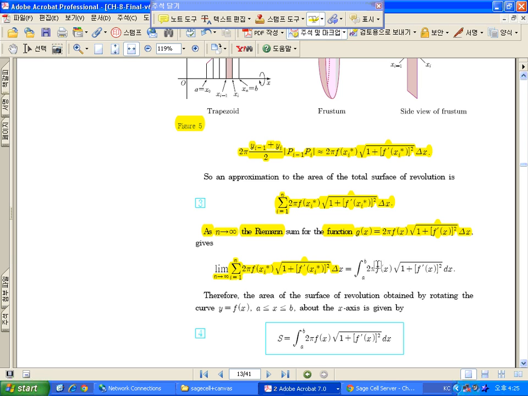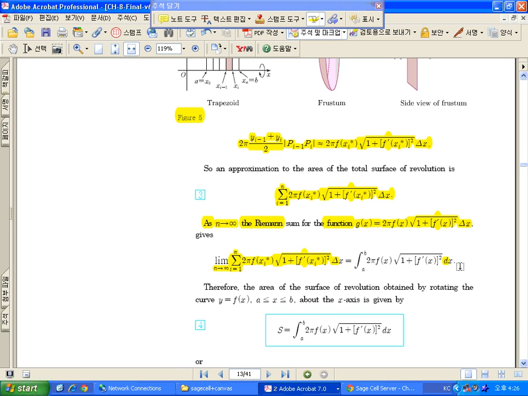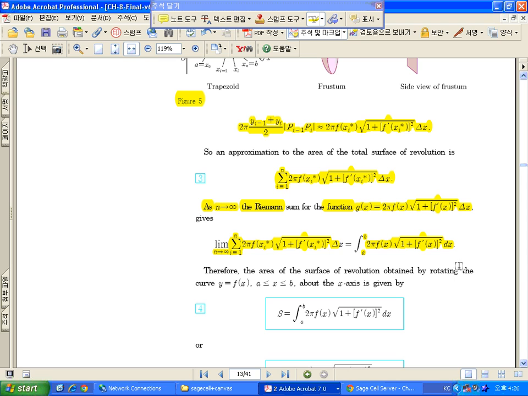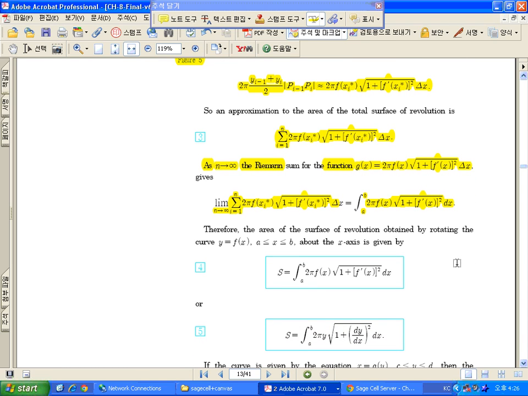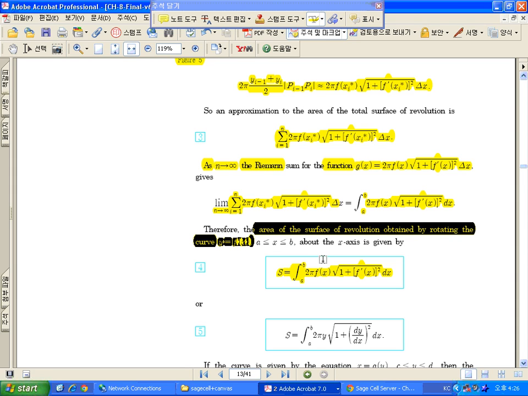So the limit of the sum can be written as an integral, and delta x can be written as dx, which gives us the formula for finding the area of the surface of revolution obtained by rotating the curve y equals f of x on the interval [a, b] about the x-axis. So S can be written as the integral from a to b of 2π f of x times the square root of this, times dx.